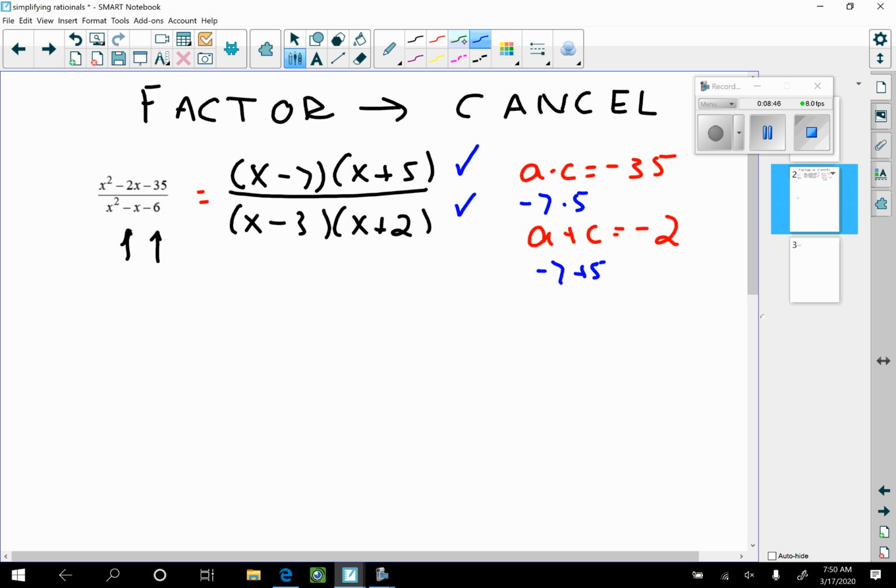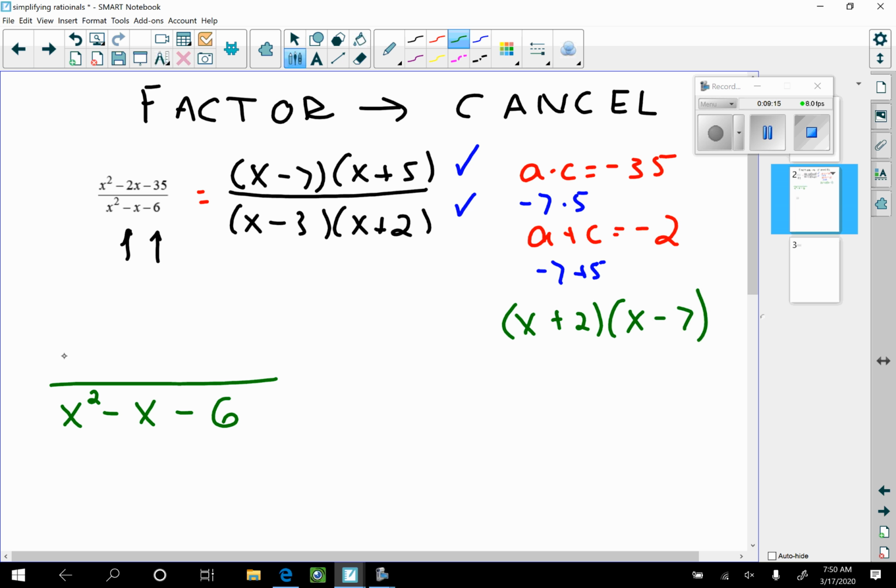Here's what we're going to do. We're going to write a whole new problem over here. On the bottom, I'm going to leave this easy one here, and I'm going to create a new one on top. The new one on top is going to be x plus 2 times x minus 7.